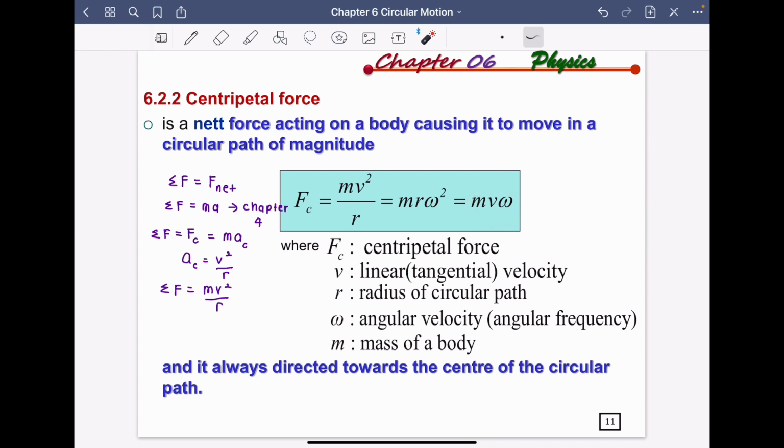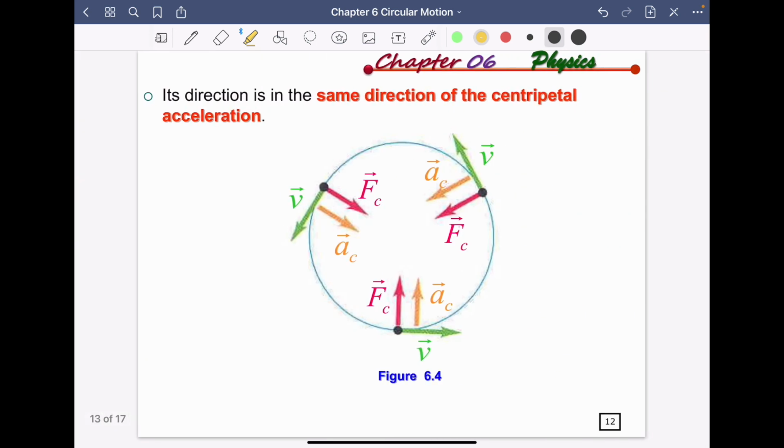Okay, so centripetal force dia sama macam centripetal acceleration, always directed toward the center of the circular path. Dia sama macam direction of AC. Dia always directed toward the center of the circular path. So kalau ini pergerakan an object, dia bergerak dari sini, moving here at this position.